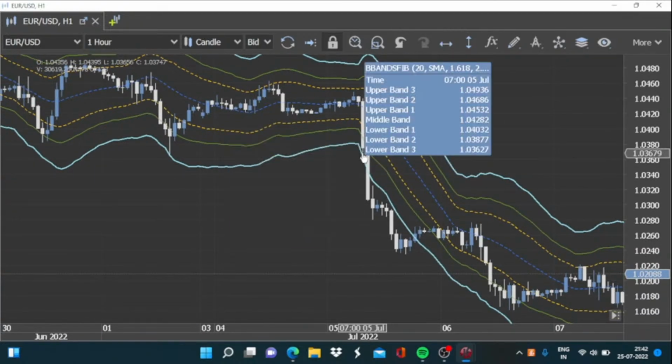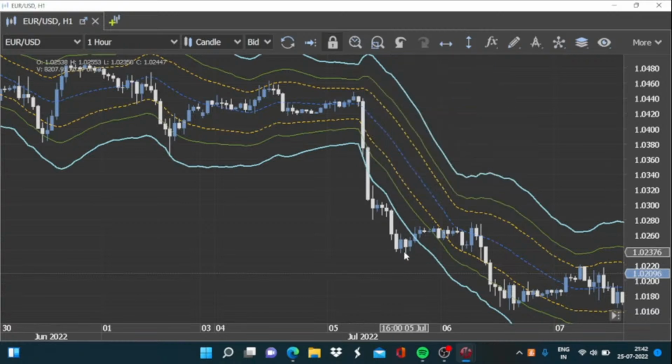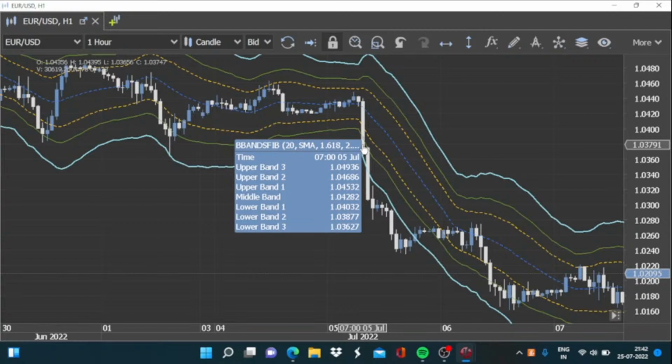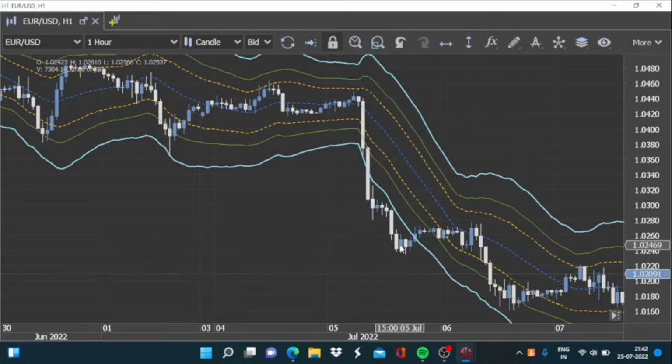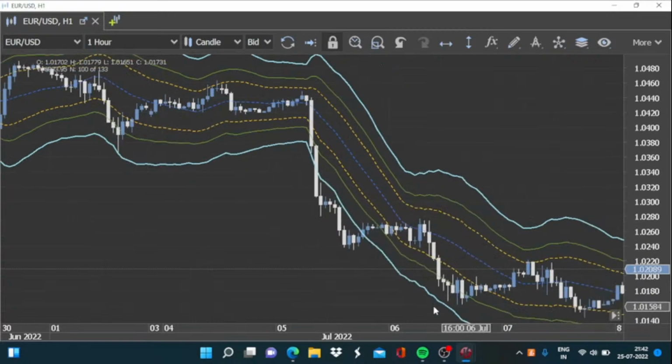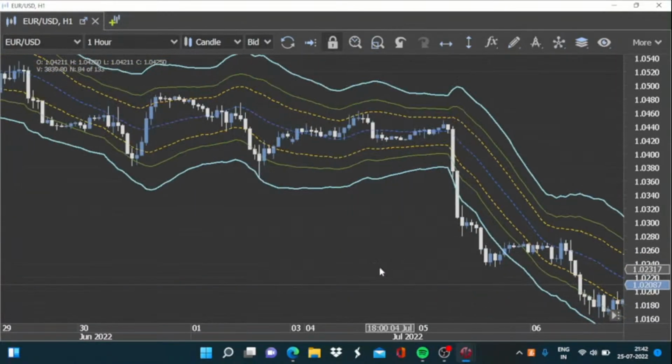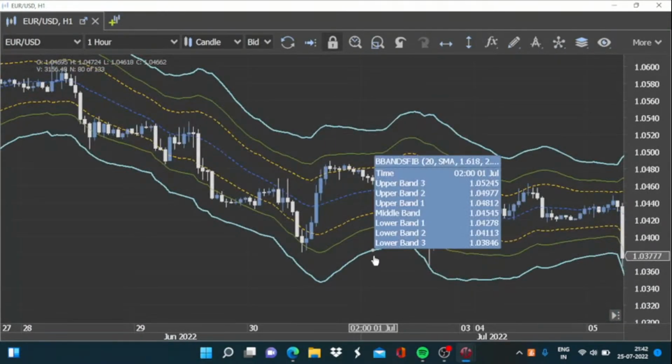Here we have the case where it touched the lower band closer to 1.0367, but it continued to decline almost more than 100 pips, close to 120 pips. Even after that, it doesn't really rise much, and then the next phase of this decline began again. So we don't really want to get caught in this scenario.